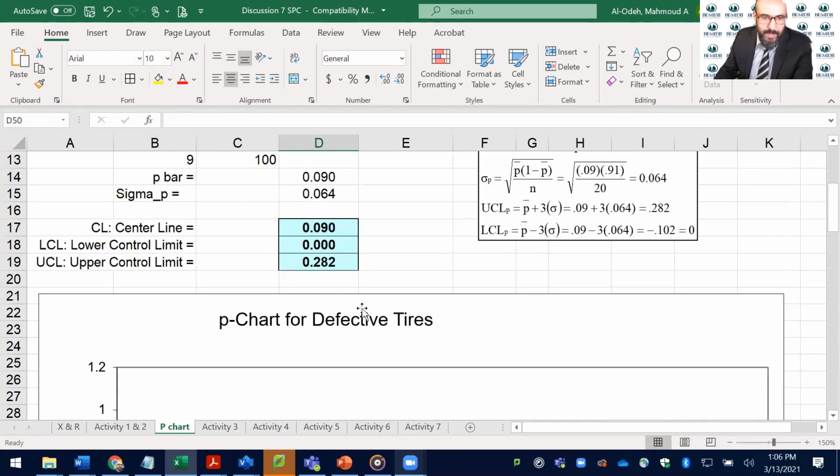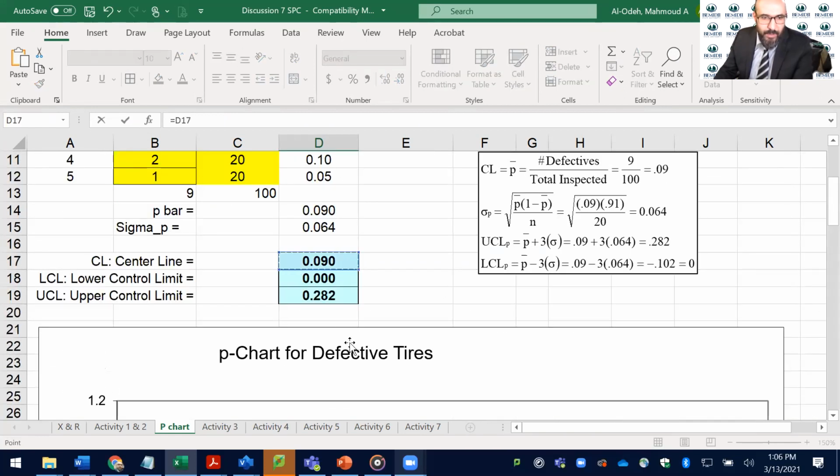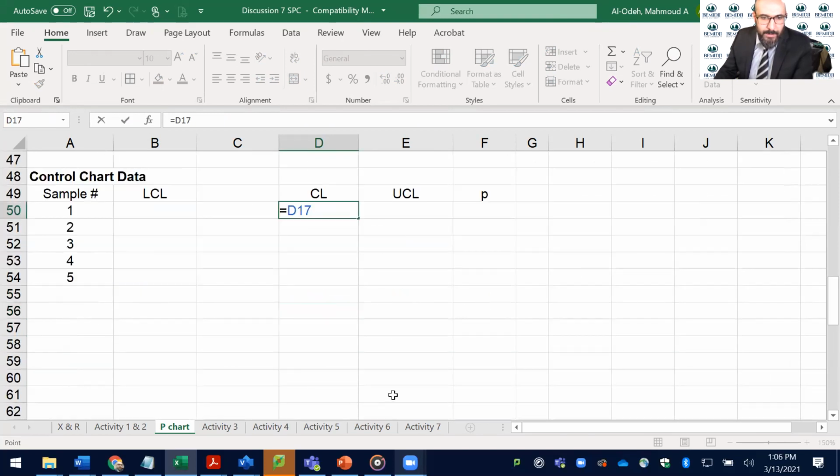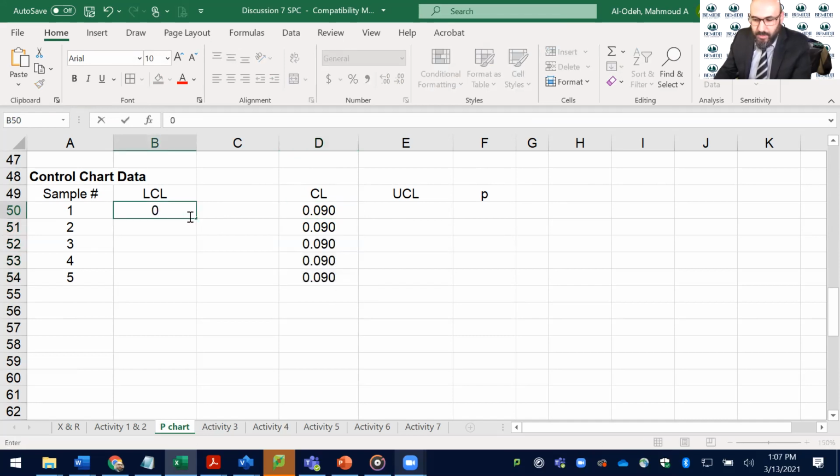Now let's go create the charts using this table right here, starting with the center line. The center line would be equal to this value here, 0.09, and then double click or drag it all the way down. Lower control limit, we know that this is going to be 0, so we did calculate that.